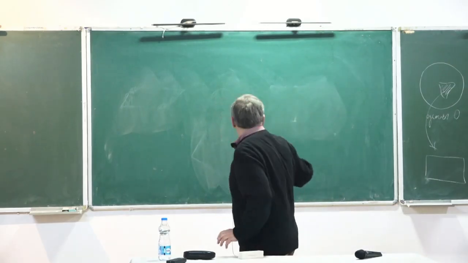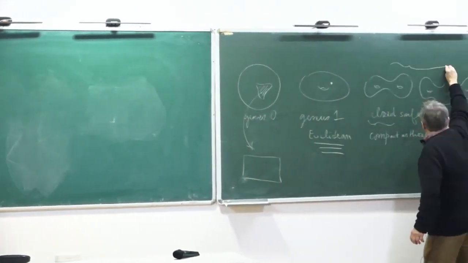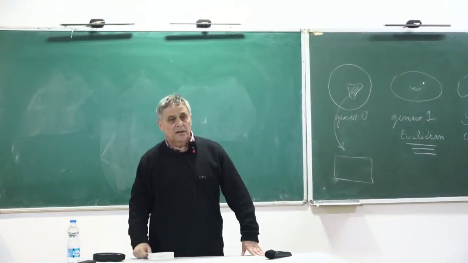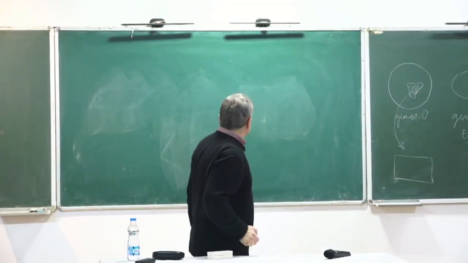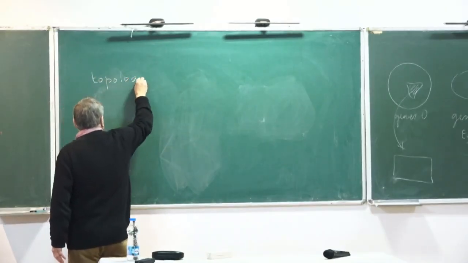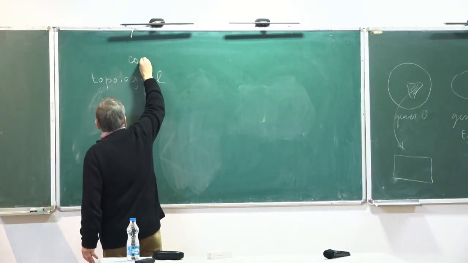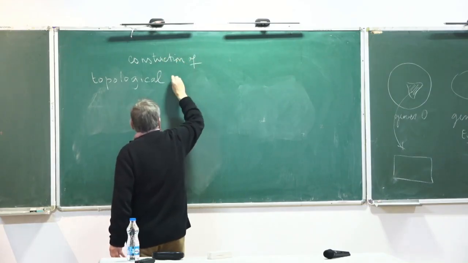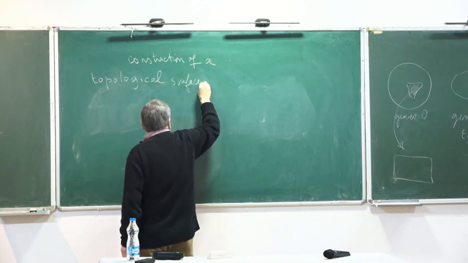Okay. I want to arrive now at the hyperbolic case, and I want to do the same kind of construction. First of all, there's a topological construction of a topological surface.